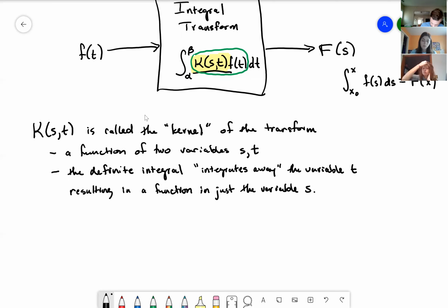So the power of this technique lies in the possibility that this resulting function, the function that comes out, is simpler to deal with than the function that we started with. We transform it into something that carries along all of the information about our original problem, but presents it in a way that's easier to deal with. And the idea is we deal with the problem in this new domain. We find what information we're looking for in the new domain, and then we go backwards through the transform.